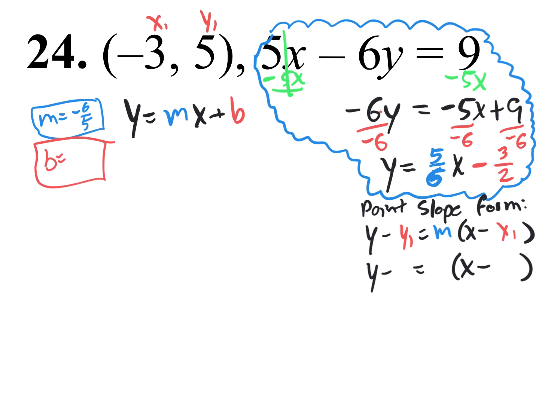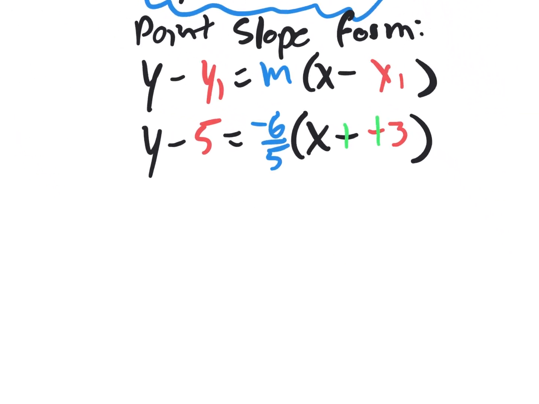Plug it in right there. The m value is negative 6/5, so you're going to plug in a negative 6/5 right there. And then the x1 value is negative 3. You're going to plug in a negative 3 right there. And of course, the minus minus changes to a plus. So here's our equation in point-slope form.